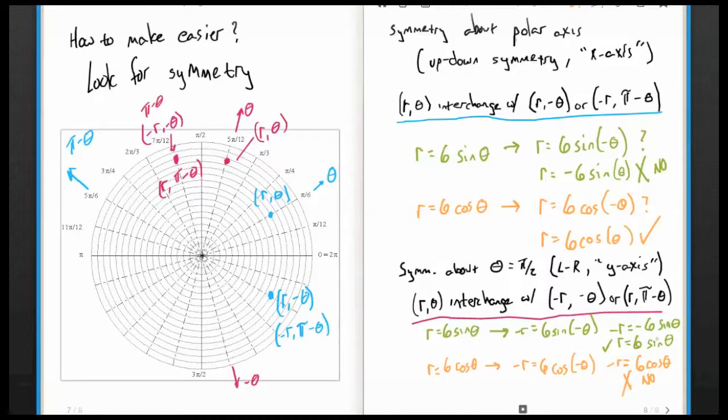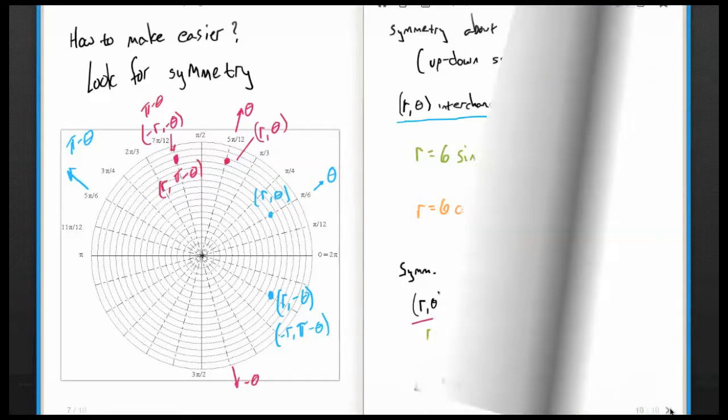There's a third symmetry test that we can do, and that's symmetry about the pole. About the pole, and I'll throw in that same picture again here.